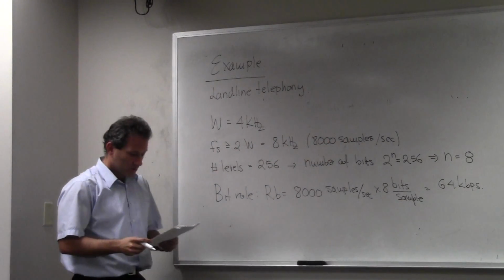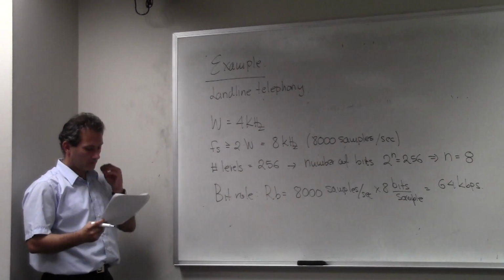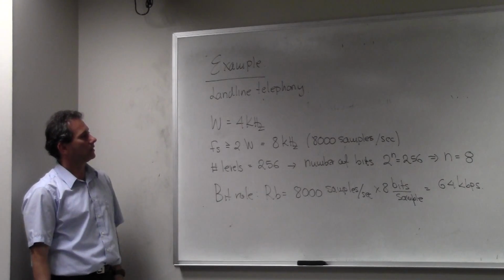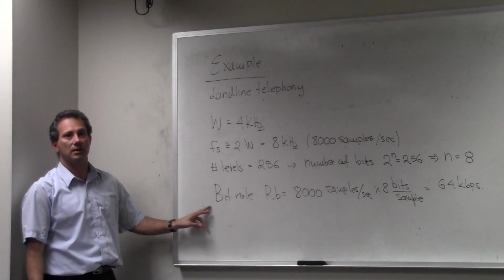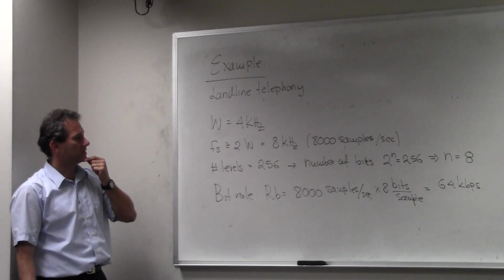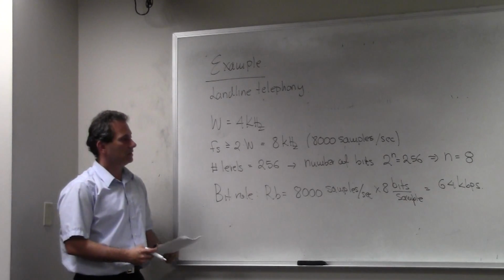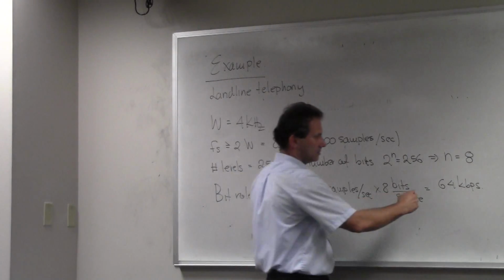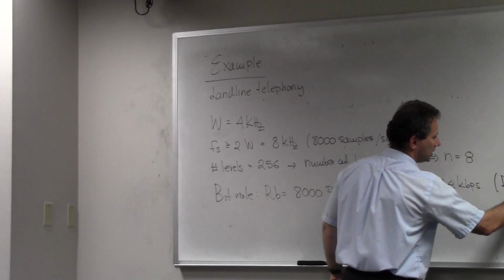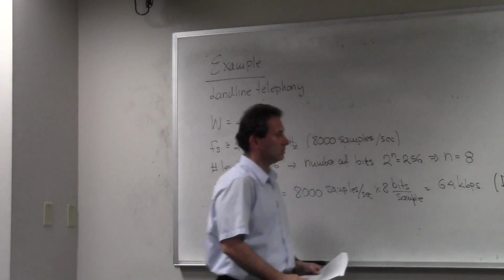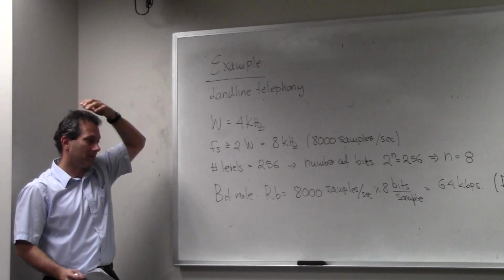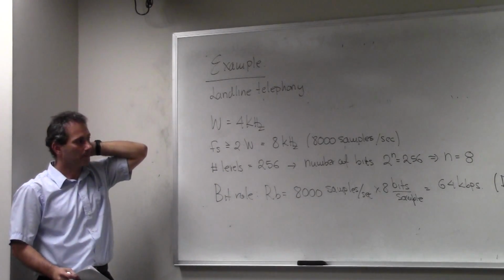And that's what runs through all of our landline telephone lines. We represent the voice with this 64 kilobit per second stream. This has a name in the North American hierarchy. It's called DS0. This is the smallest multiplex level that we have in a telephone system.